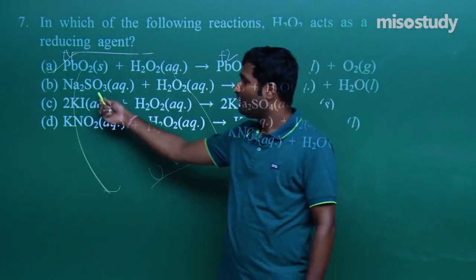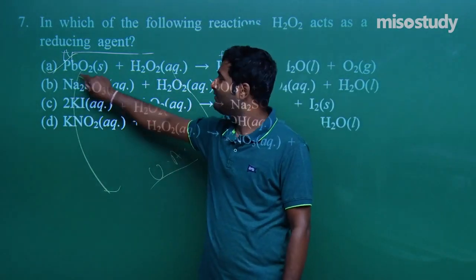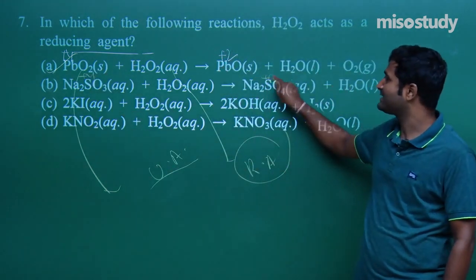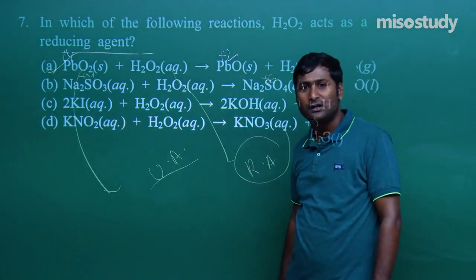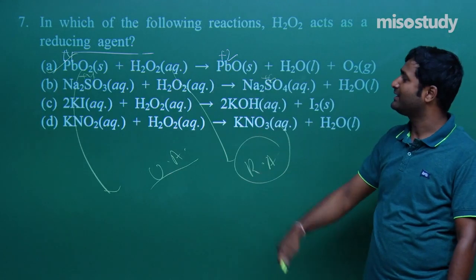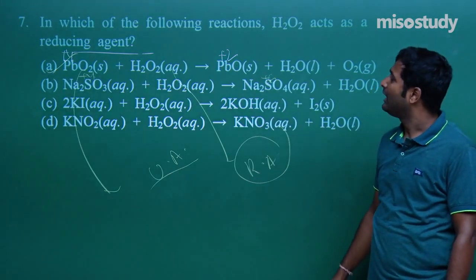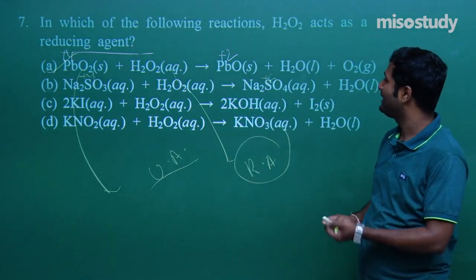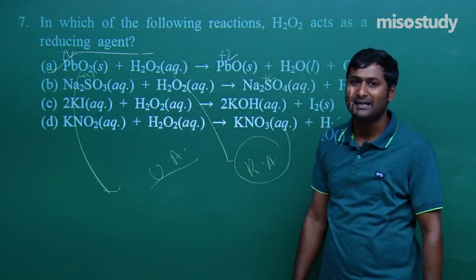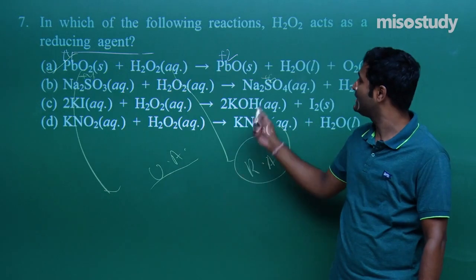Here, look at the case of sulfur. Sulfur is in +4 oxidation state, and here the sulfur is in +6 oxidation state. There is an increment in oxidation state.